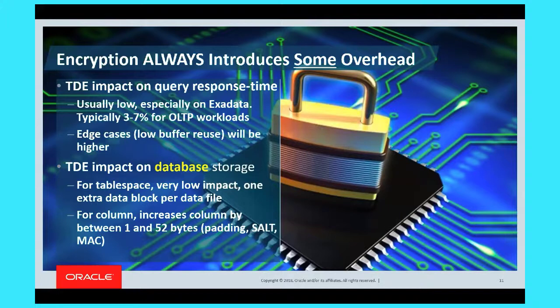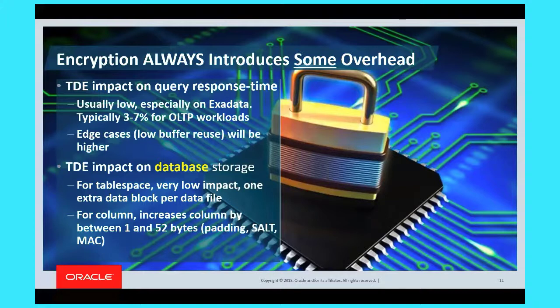For column level encryption, nothing has changed since our original release. You will have somewhere between 1 and 52 bytes extra space consumed for every value in every column you encrypt. And that comes from 3 different areas. We pad the size of the column out to an even multiple of 16. So if you have 2 bytes, we're going to add 14 bytes to that and make it 16 bytes.